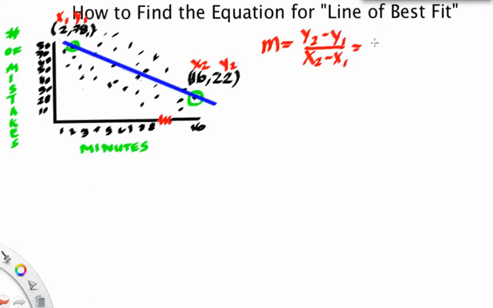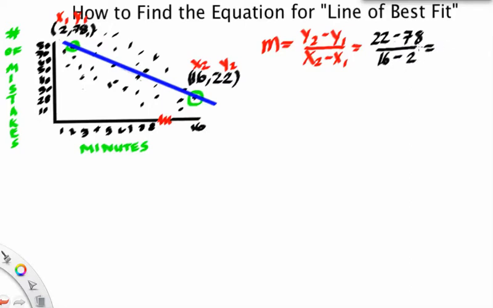We got y2, which is 22, minus y1, which is 78. And on the bottom, we're going to have 16 minus 2.